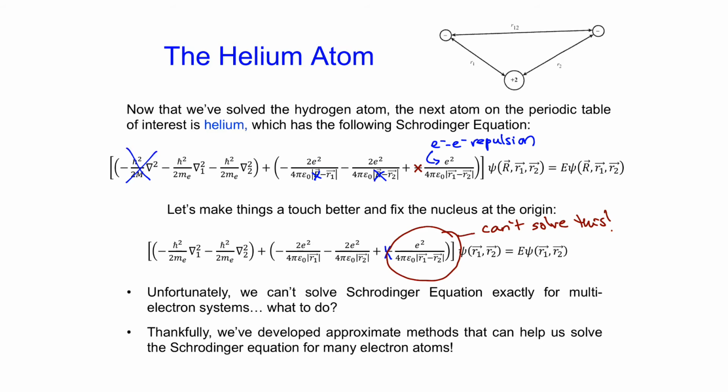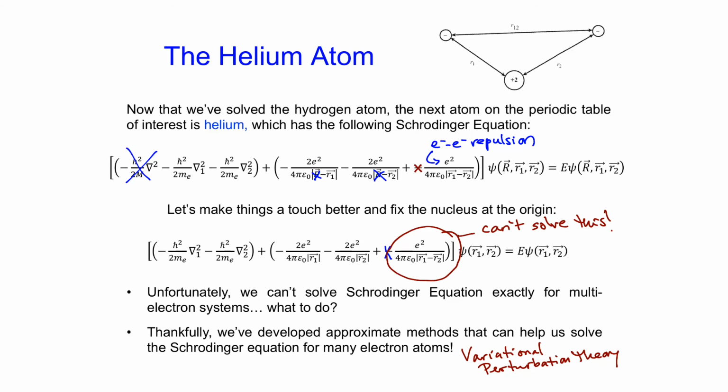That's what prevents us from solving the Schrodinger equation exactly, but thankfully we have developed what we call approximate methods that can help us solve the Schrodinger equation for many-electron atoms. So that is where our variational method and our perturbation theory come in.